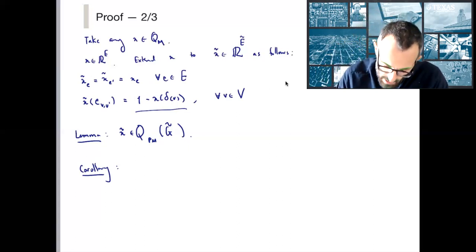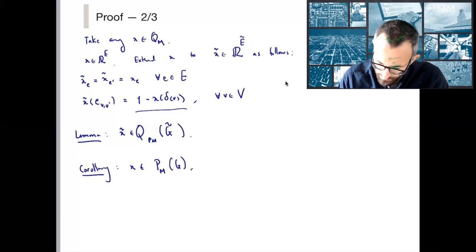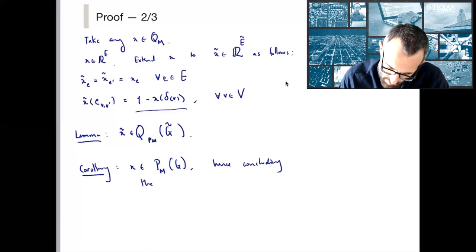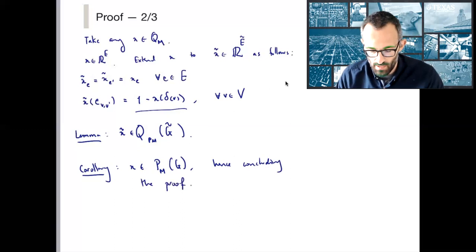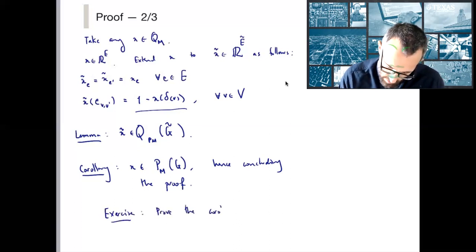And as a corollary of this, this will imply that x is in PM of G, hence concluding the proof. So I'll let you think about this implication. Exercise: prove the corollary using the lemma.